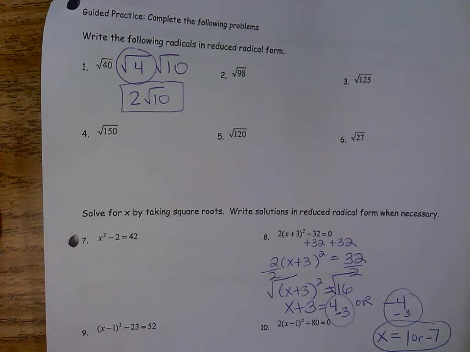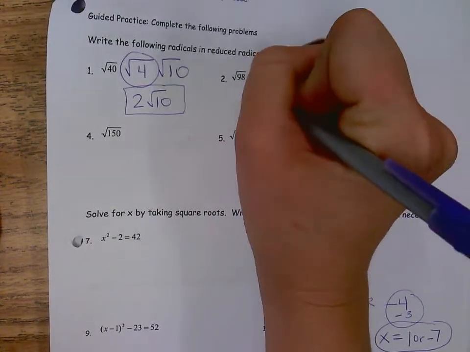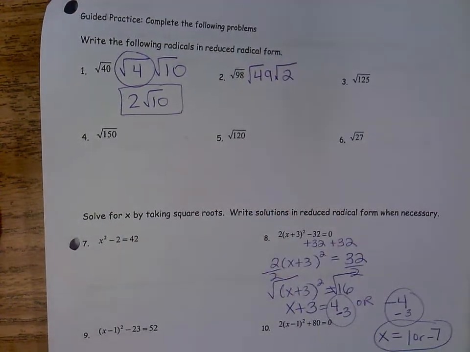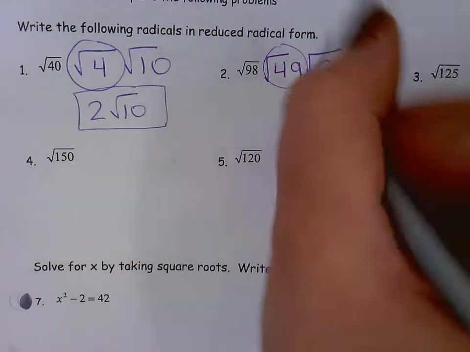You're looking for not only factors of 98, but factors that are perfect squares. So you write the perfect square first and the non-perfect square second. So in this case, it would be 49 times 2. And then I take the square root of 49. That becomes 7.